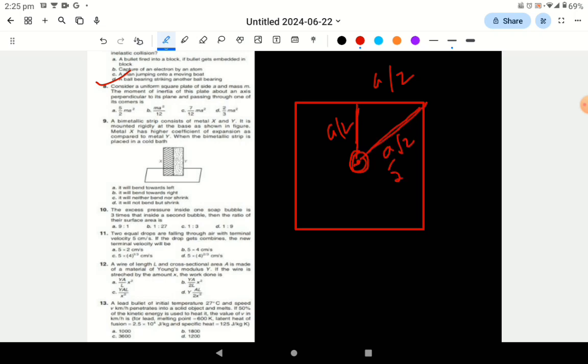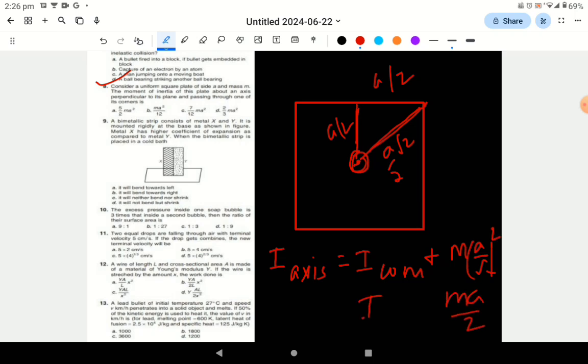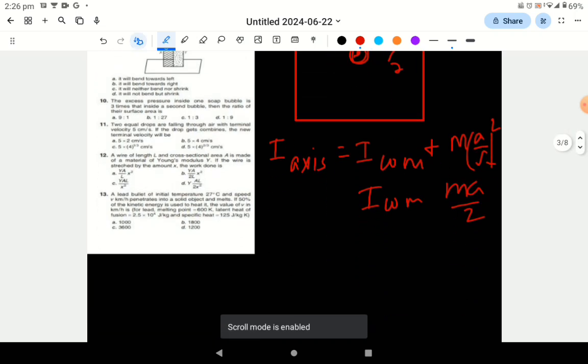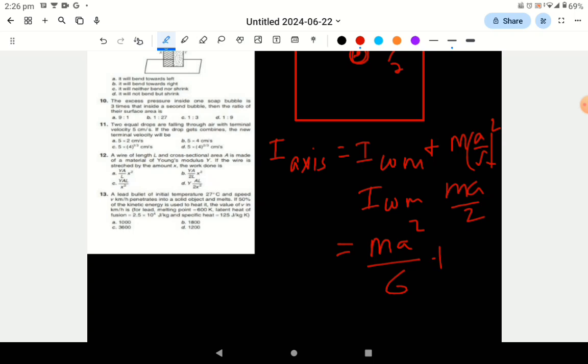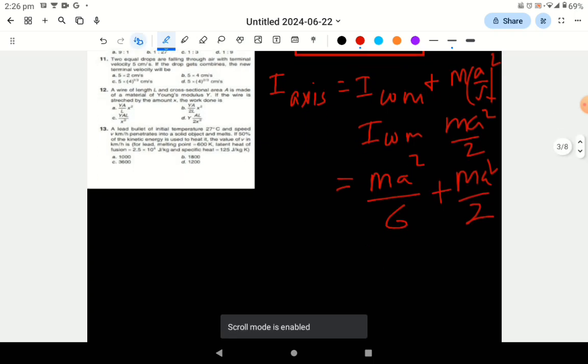Then the I about the axis we want is I_COM plus m times (a by root 2) whole squared, which is ma squared by 2, plus I_COM. Now let's find I_COM. I_COM here will be ma squared by 6, the moment of inertia of the square plate.